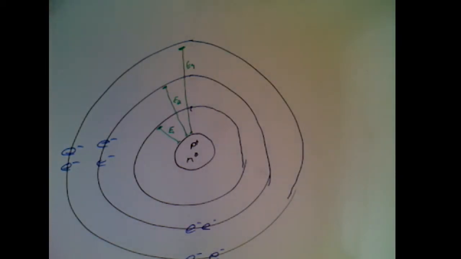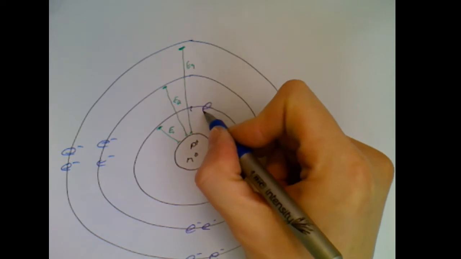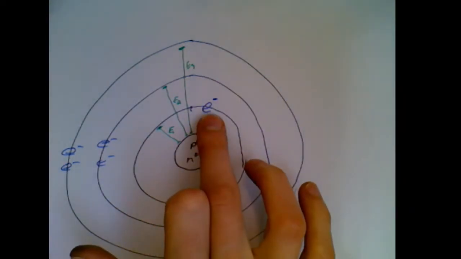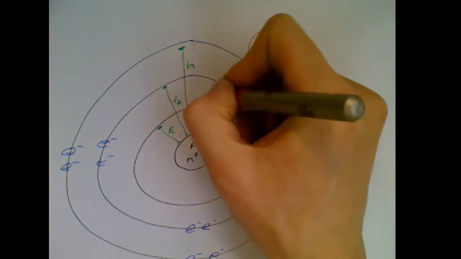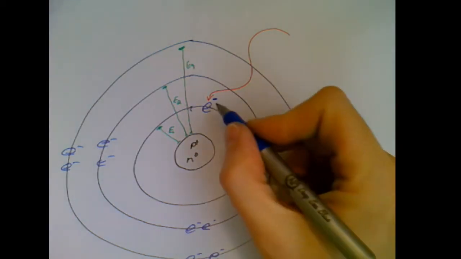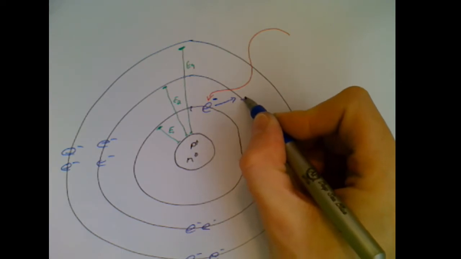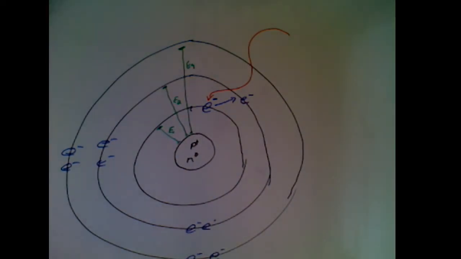Okay, and what's really happening is we have our electron existing at the lowest energy it possibly can. And what's going to happen is it's going to take in some energy. And when that energy hits it, this electron now boosts the amount of energy that it has. So it can actually jump up to the next highest orbital.